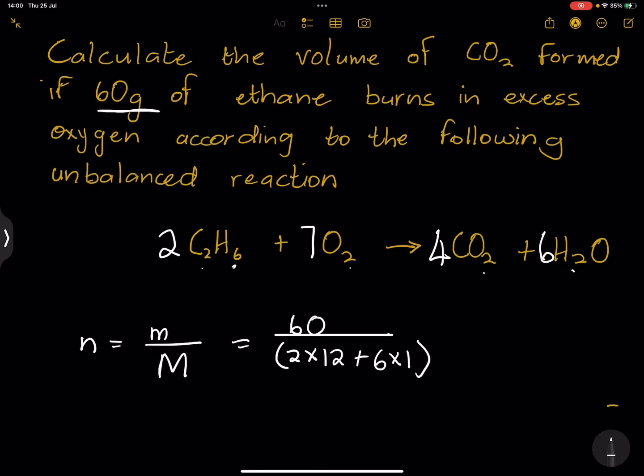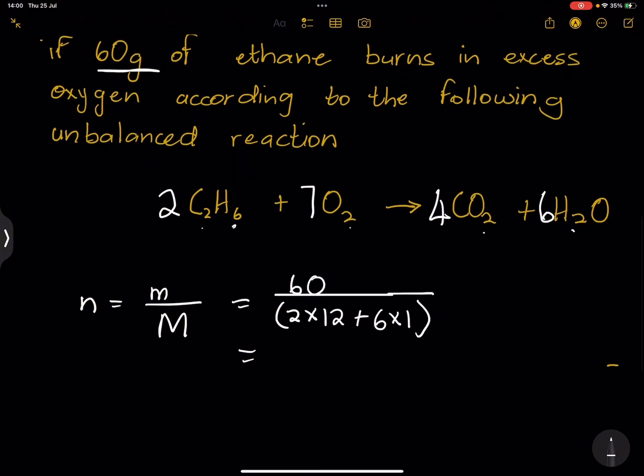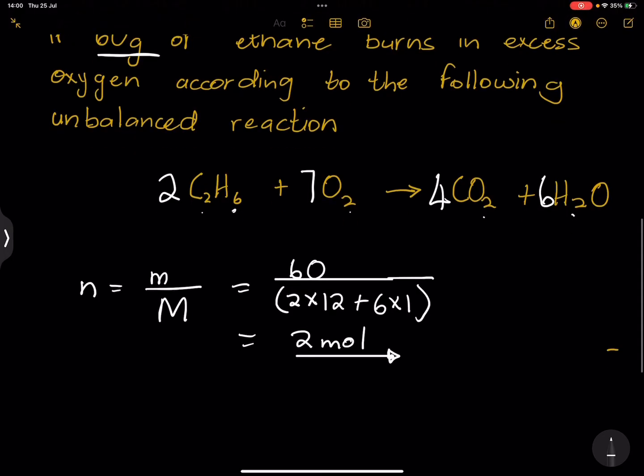Okay, so we've got 24 plus 6, which will give us 30, right? So this will be 60 divided by 30, and that will give us 2 moles.